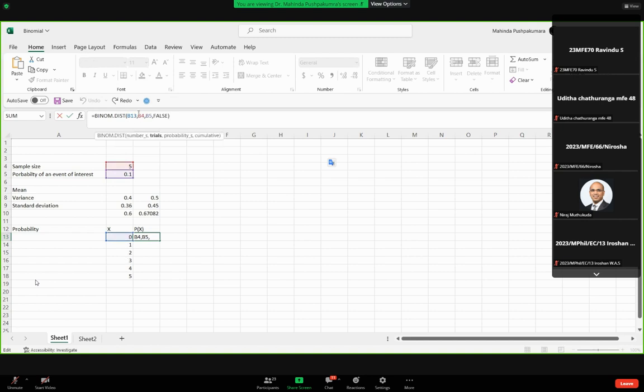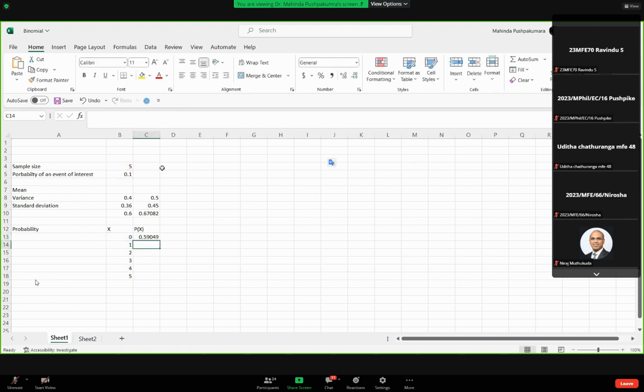Then the B4, when you type the dollar mark between these values, you can convert it into a fixed reference.